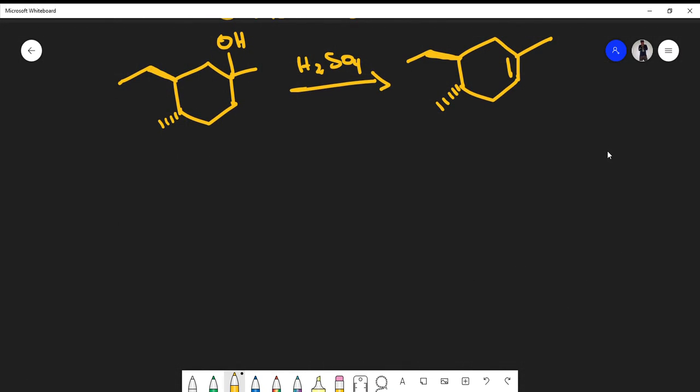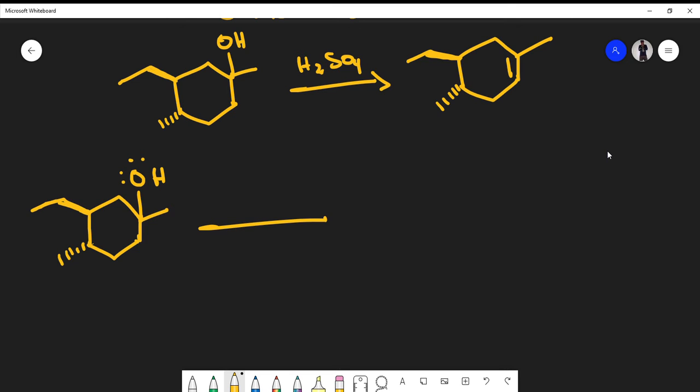If we take the reactant, in this case, and we take this molecule. Anytime you see acid, we really can represent acid in a simpler form, just writing H plus.